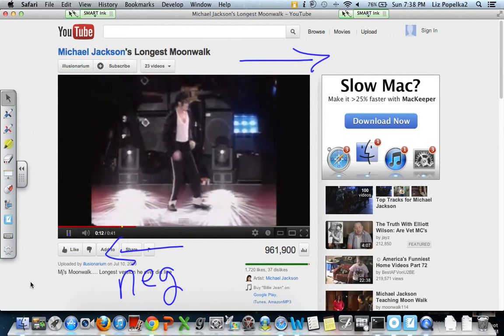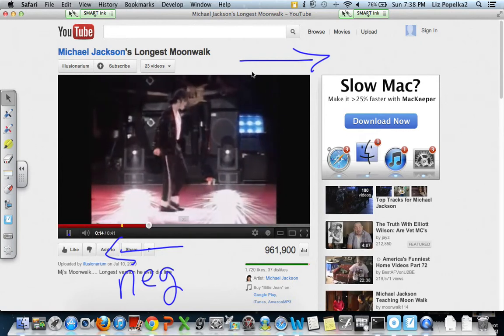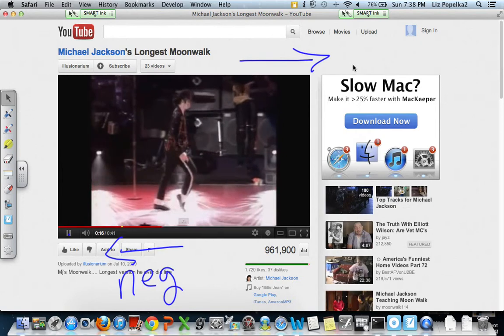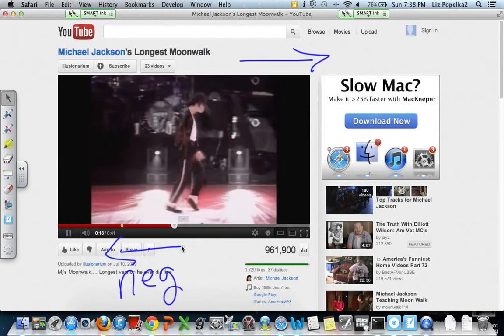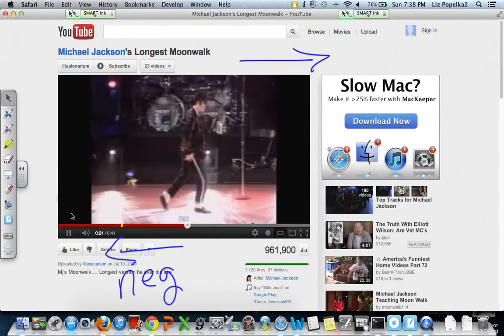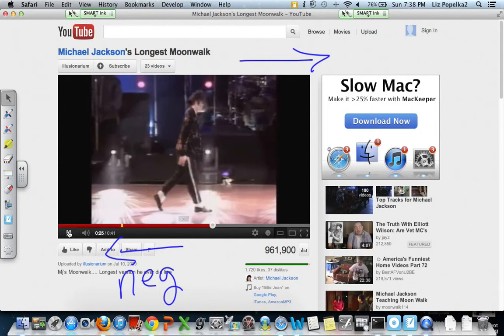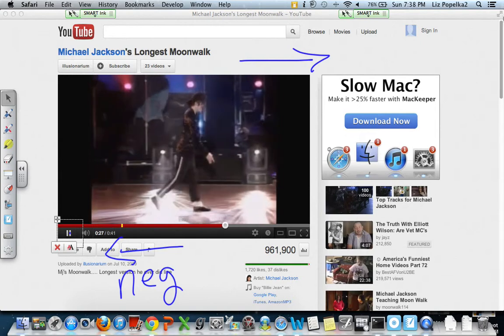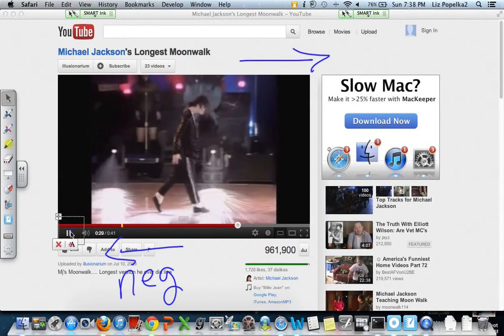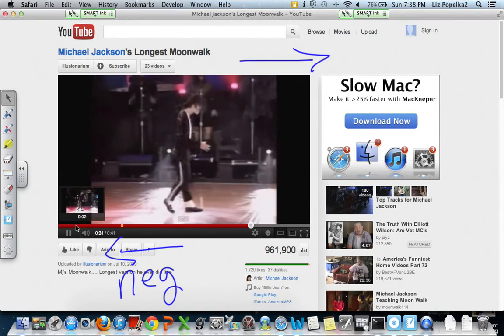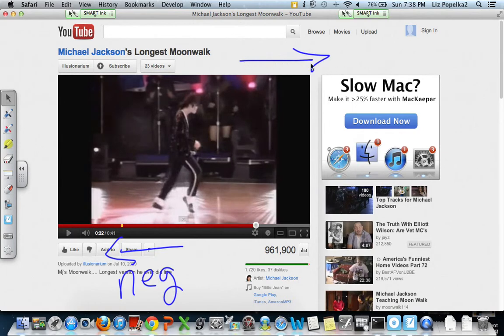Again, let's watch it in slow motion. So again, the video is still playing forward in a positive direction. He is going in a negative direction when I do that. So now I'm going to take this video and play it backwards, which means instead of playing the video in a forward direction, I'm going to erase this little forward arrow.